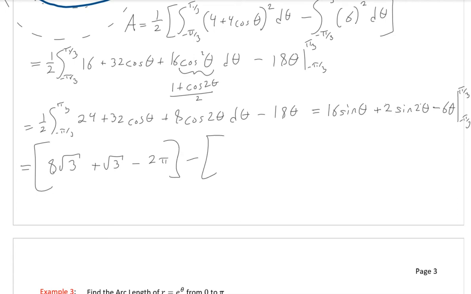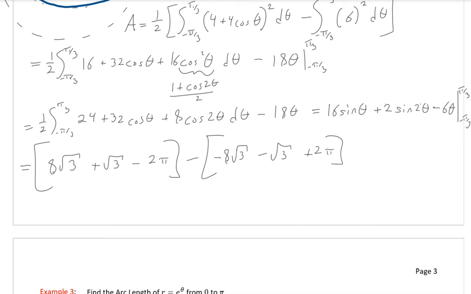Minus, if I do negative pi thirds, sine of negative pi thirds will give us negative root 3 over 2 times 16, which will give us negative 8 root 3. Likewise, for sine of 2 times negative pi over 3, I'm going to get the same thing, just a minus root 3. And then into here, we get minus 6 theta times negative pi over 3 will give us positive 2 pi.